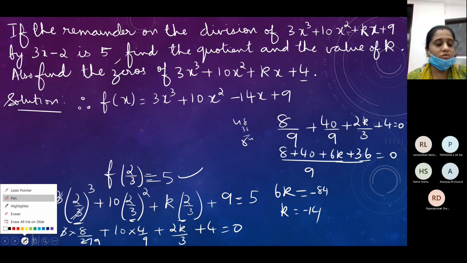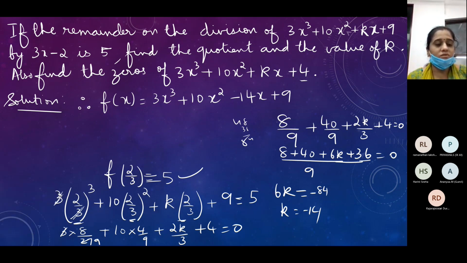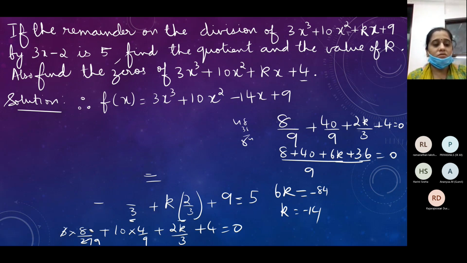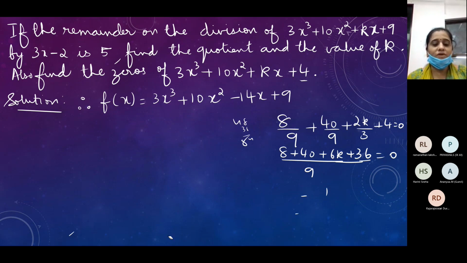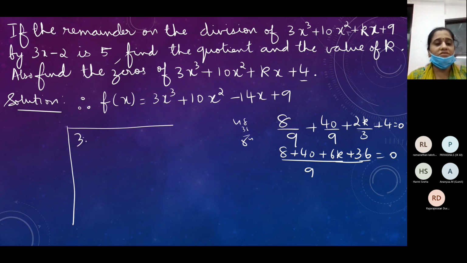Now we're going to start the long division process. To find the zeros, we need to perform the long division. 3x cubed plus 10x squared minus 14x plus 9.